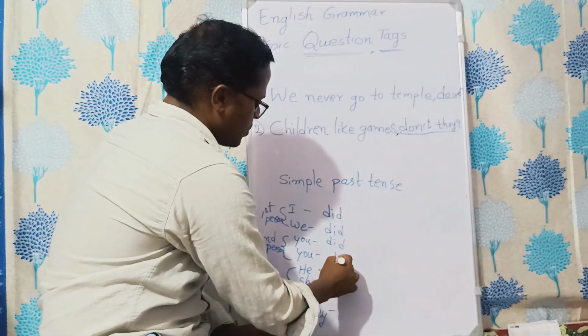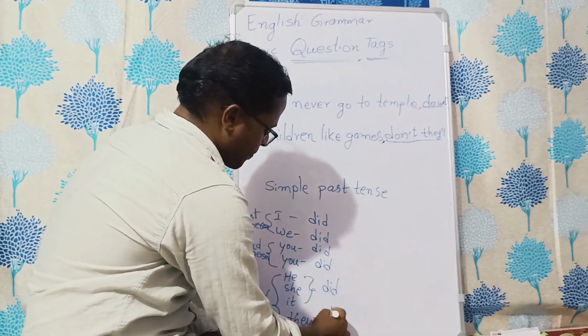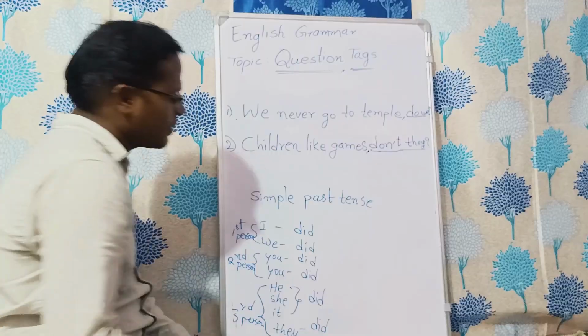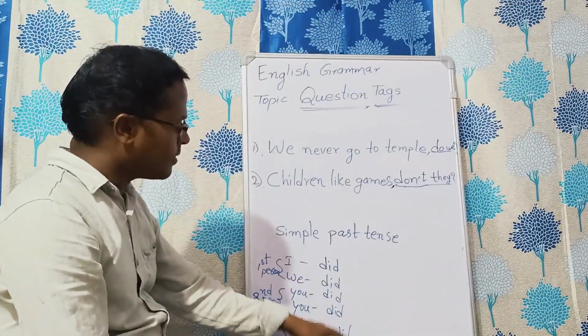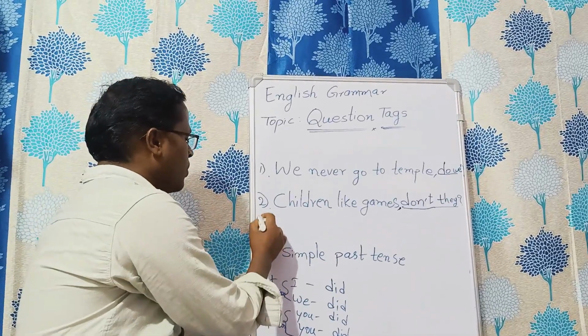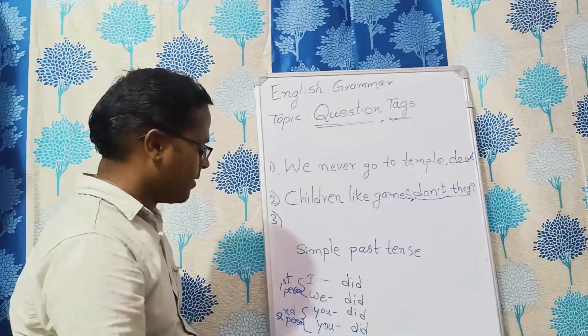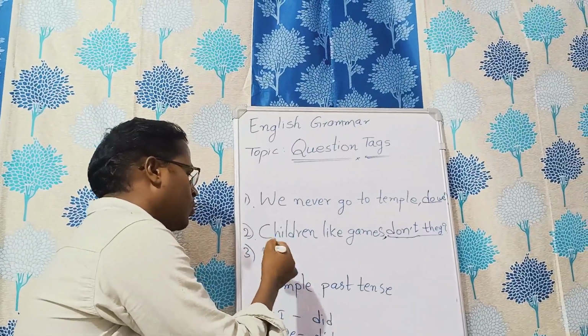All persons use did only. Here also did. In simple present tense we use do or does, but in simple past tense we have to use did as the helping verb. Here we don't get any helping verb.